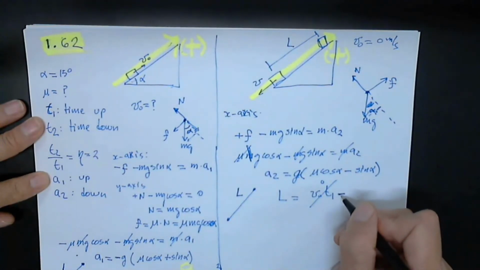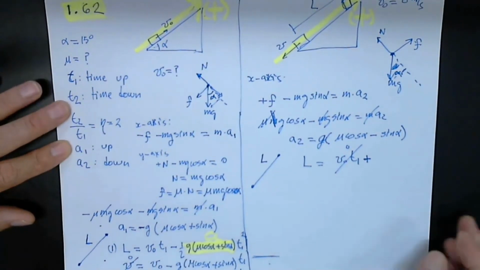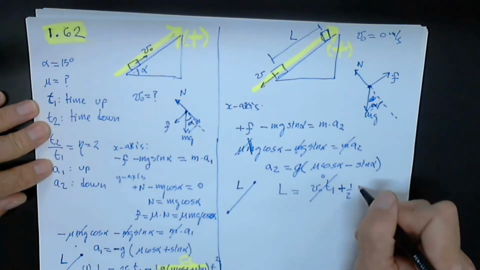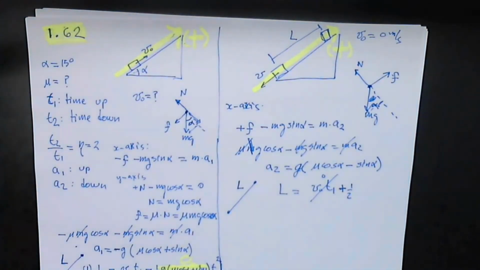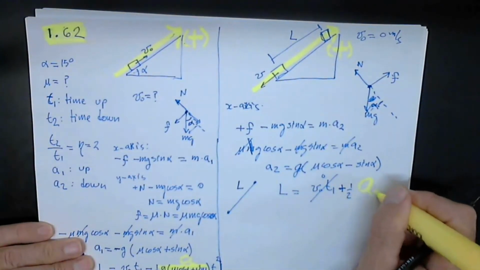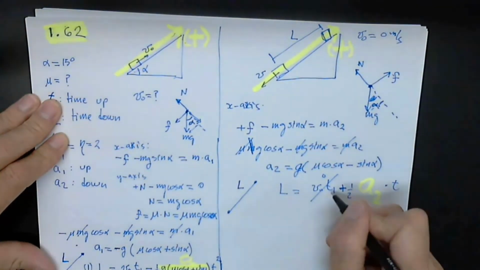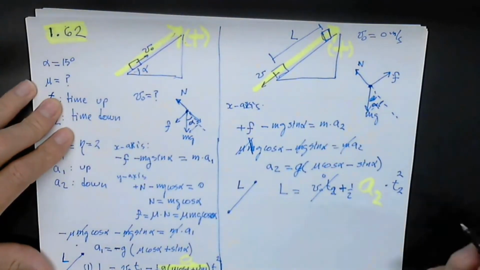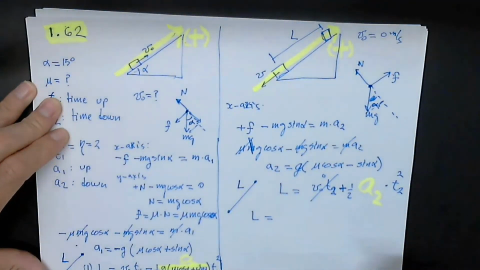Why do we put plus acceleration here? Over here it was minus because of the minus over here. So 1/2 the acceleration a2 times T2 squared, and the acceleration is that. So I have an equation for L.